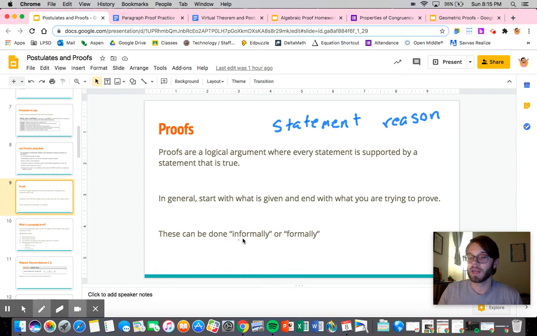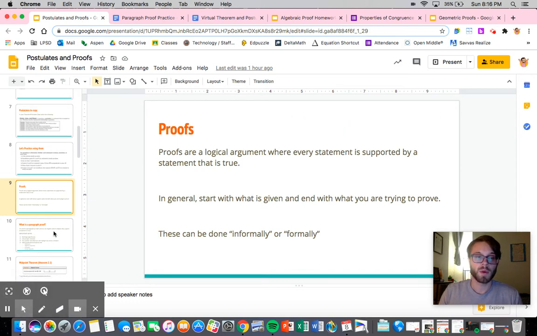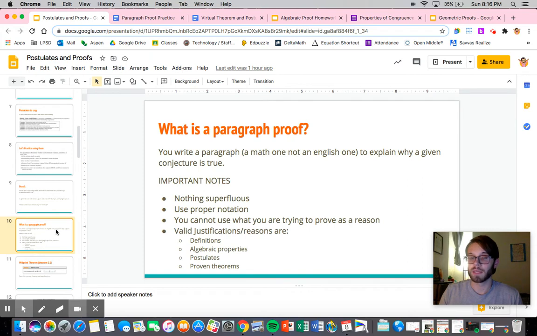But just because we're calling one formal versus informal should not detract from the credibility of either. Okay, so an informal proof, as long as it is still encompassing, is still a proof and it's still valid. All right. So let's look a little bit more into what a paragraph proof itself is.